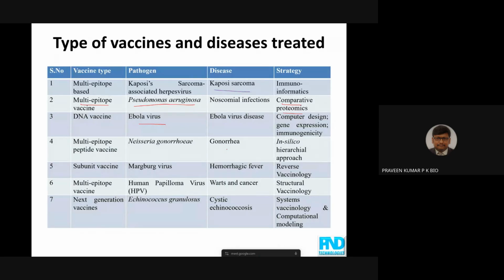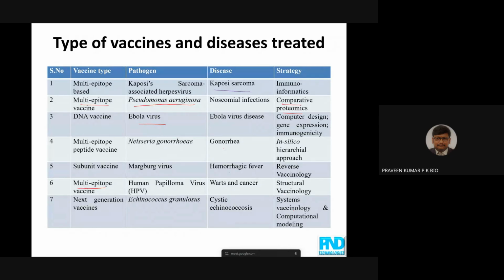And similarly, for warts, the skin disease caused by a virus, human papillomaviruses can give such a skin disease. This can also be targeted through a multi-epitope vaccine, through structural vaccinology.